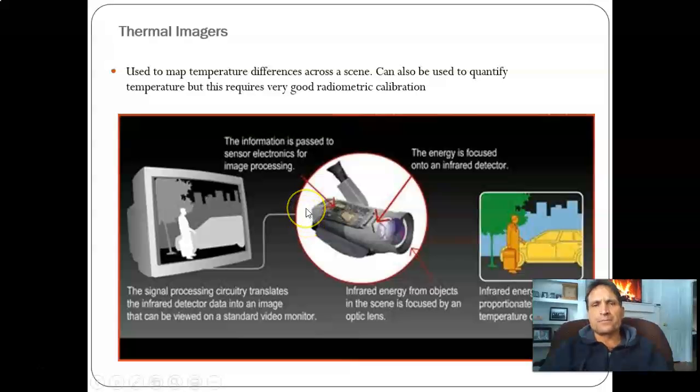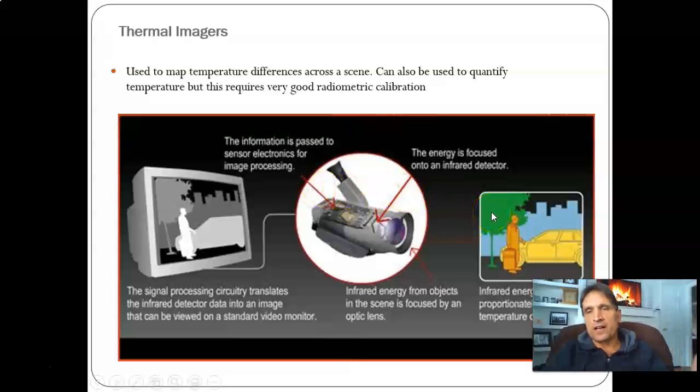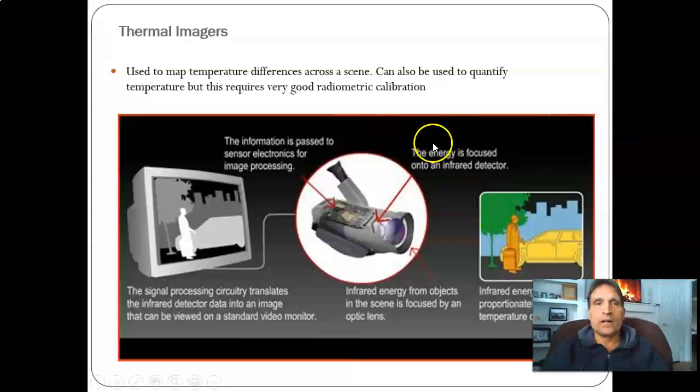that detector, with processing, each pixel, the amount of energy hitting each pixel of the camera is proportional to the amount of radiation from the corresponding part of the scene, which is proportional to temperature to the fourth power. And so what we're doing here is we're creating a temperature map by measuring the amount of power radiated from the different parts of the scene.